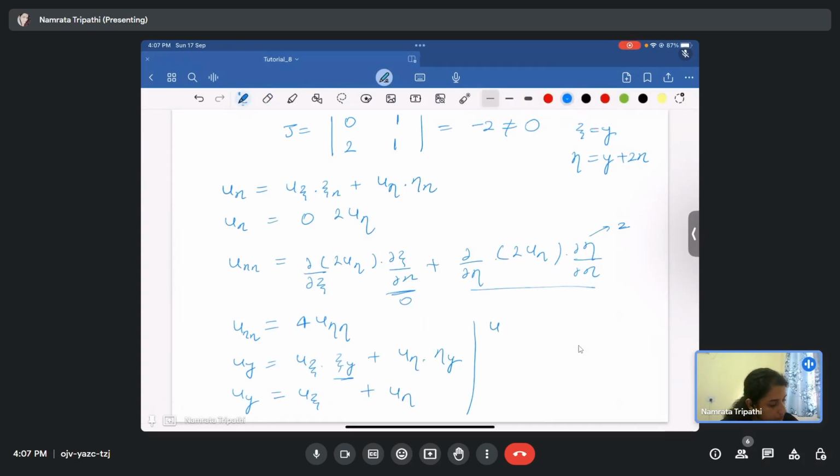So, what is the expression for uxy? You can differentiate with respect to x, that means first with respect to xi and second with respect to eta.